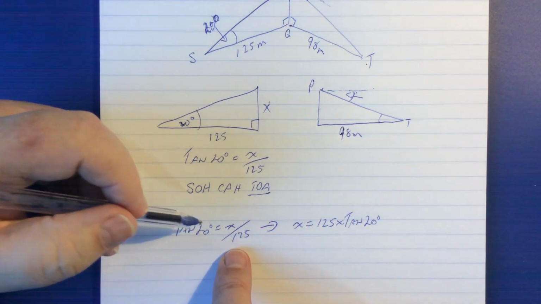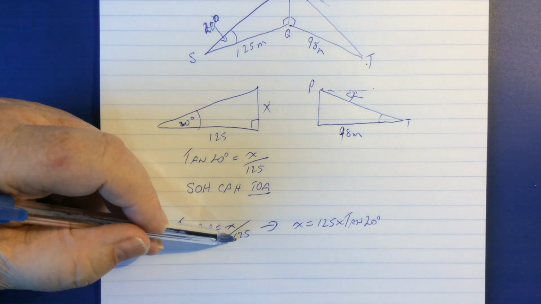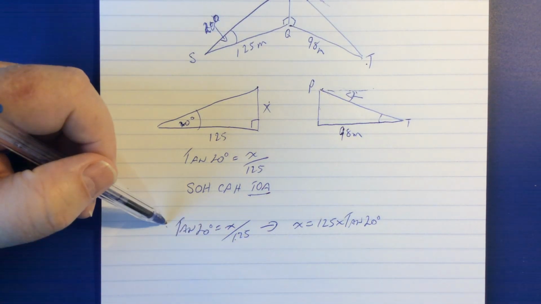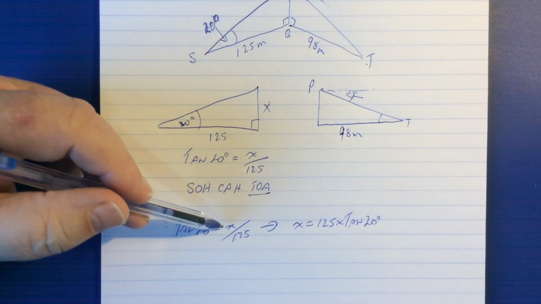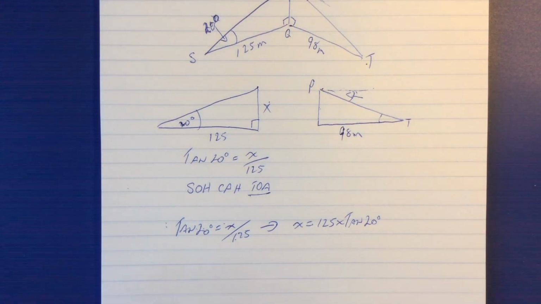How did I do that? Well, 125 is dividing on this side, so it multiplies on this side if I move it. So I get 125 times the tangent of 20 equals x, and I just choose to write it that way.